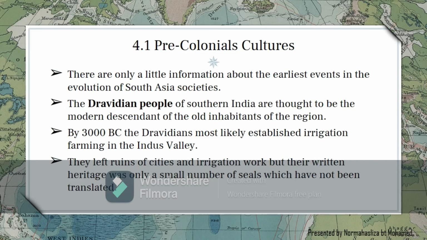That view has since been modified. Now, the generally accepted belief is that the pre-Dravidian aborigines, that is, the ancestors of the present tribals or Adivasis, were the original inhabitants. By 3000 BC, the Dravidians most likely established irrigation farming in the Indus Valley.